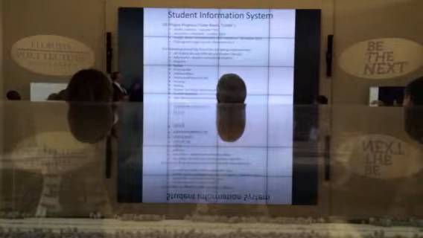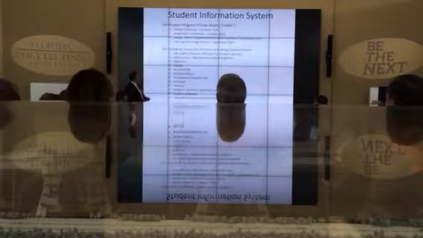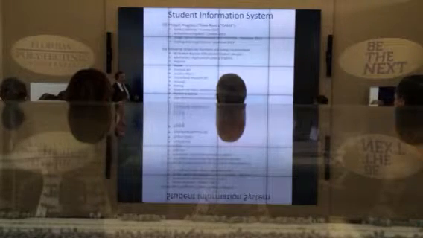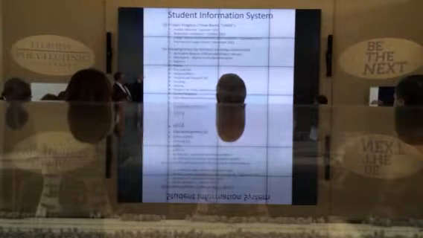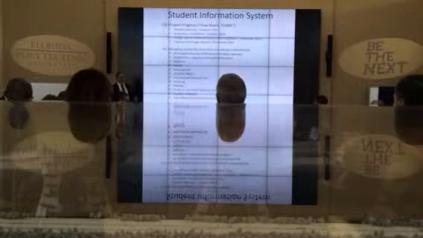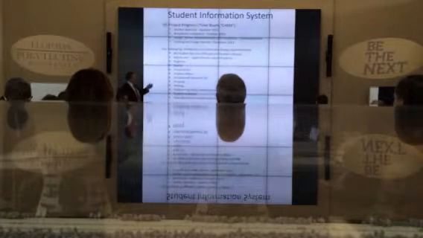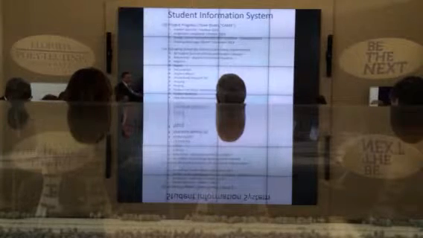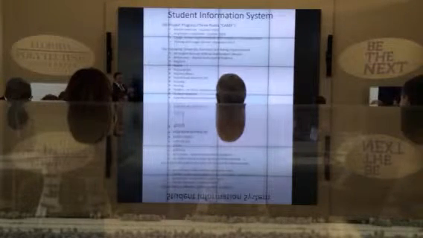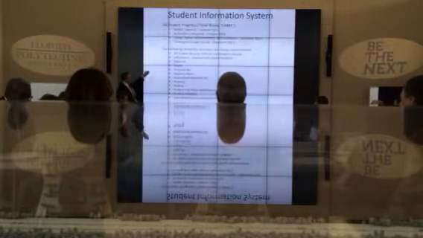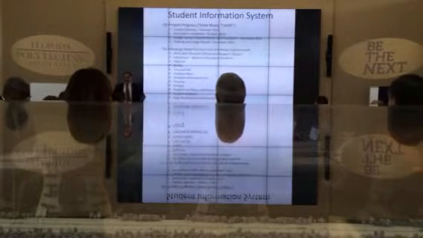So what does a student information system do? It includes running the university across many, many different departments. All student records, the official student records and student life cycle, are housed in the student information system. Admissions, applicants, accepted students, their life cycle from start to finish is all run through their records in the SIS. The registrar lives and breathes through the SIS.